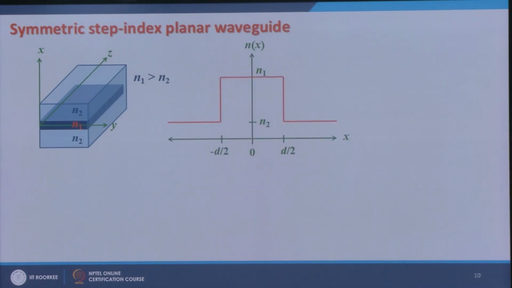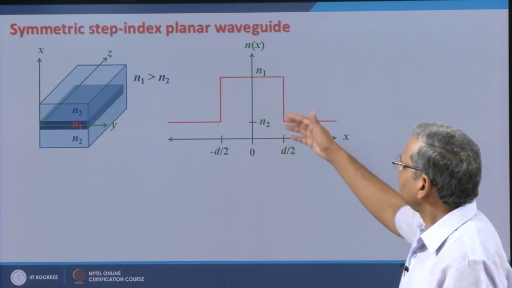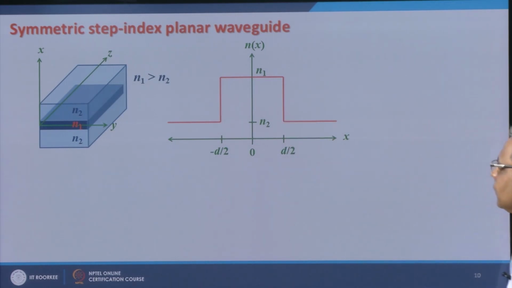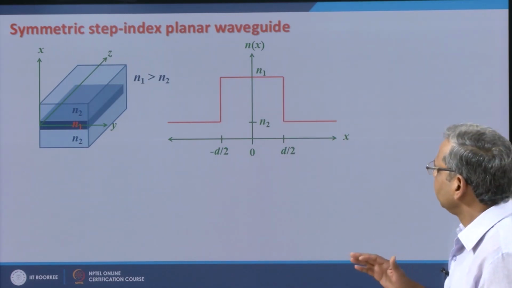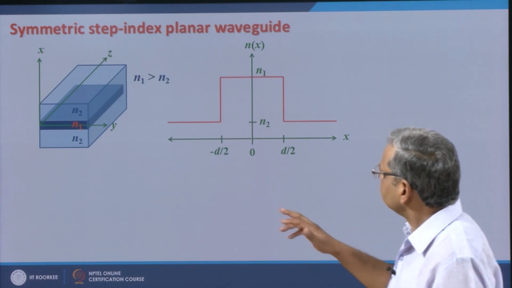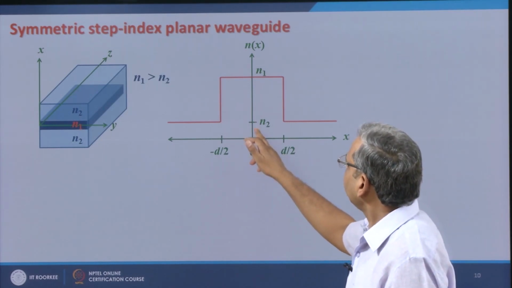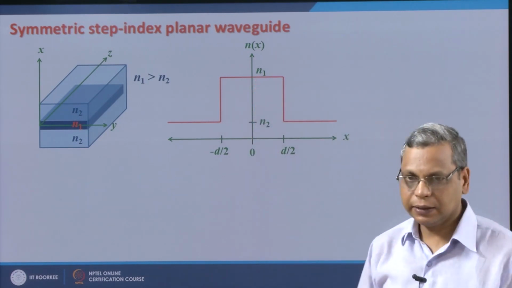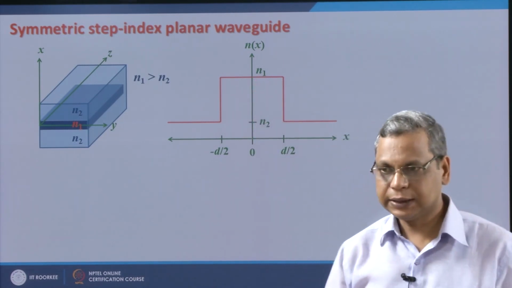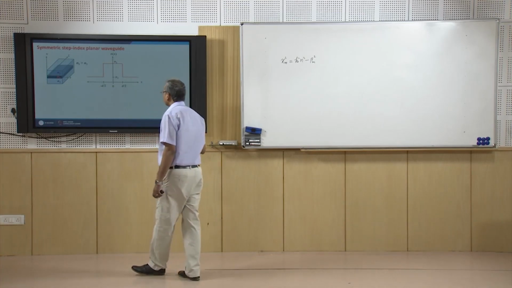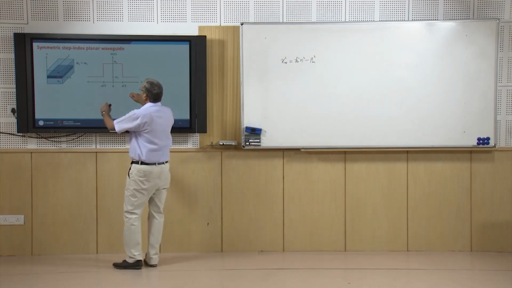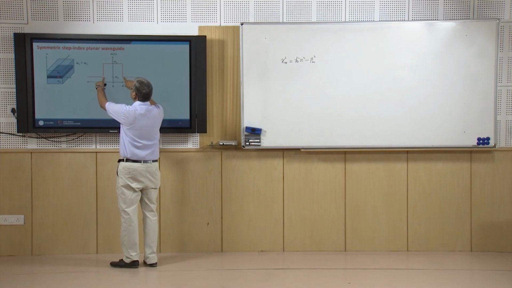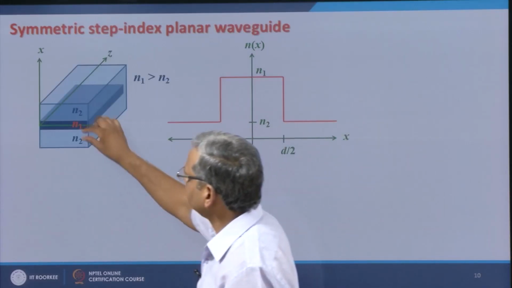If you look at the refractive index profile of this waveguide, it looks like this. Let me put my x equal to 0 axis in the middle of the waveguide, so that I can make use of the symmetry of the problem. Let it have a width d.